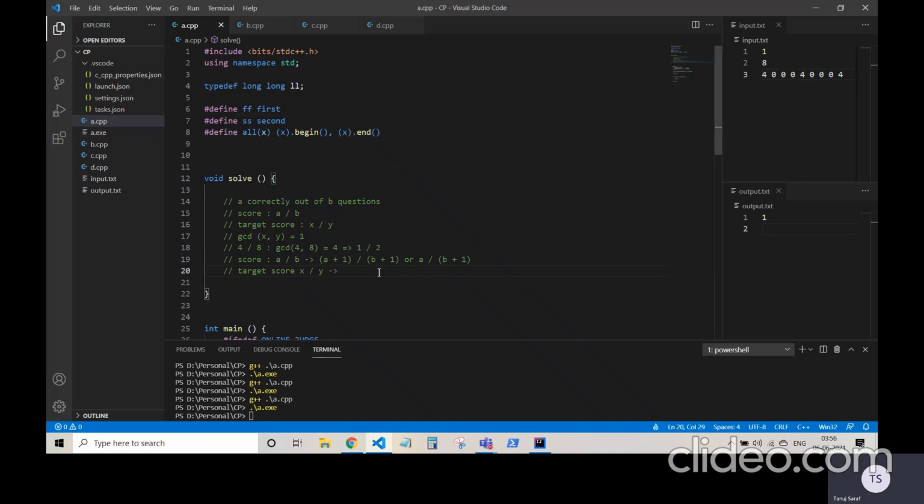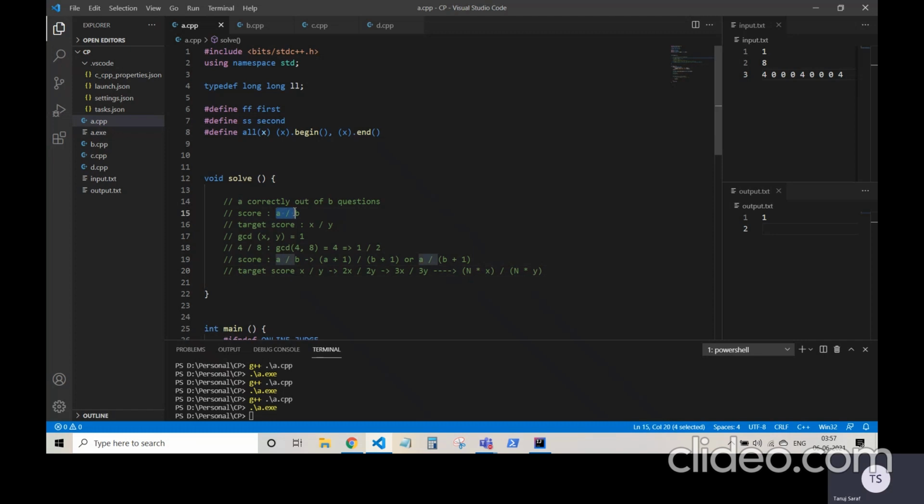So this means that the same fraction could have been obtained by 2x divided by 2y, or from 3x divided by 3y, or in general, I could say that if I multiply both the numerator and the denominator with the same factor, say capital N, then this fraction nx divided by ny is the same as the irreducible fraction x by y.